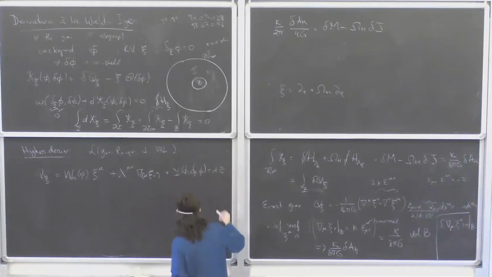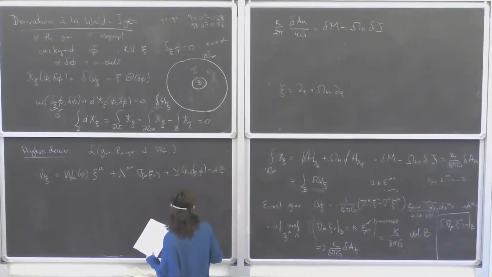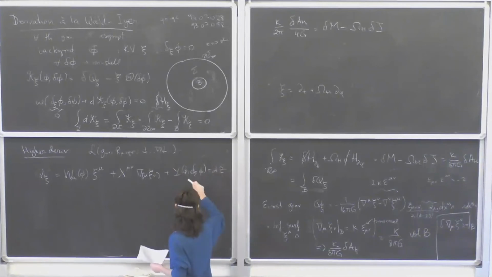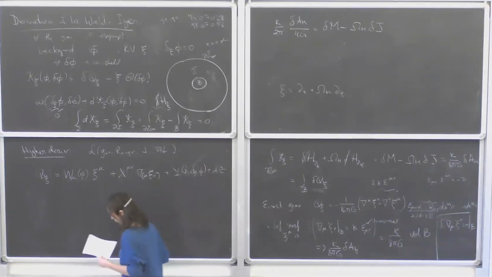These guys I don't care about because this integrates to 0, and basically the form of this guy can be absorbed in the other. I guess that's the idea. So okay, let's forget about it.